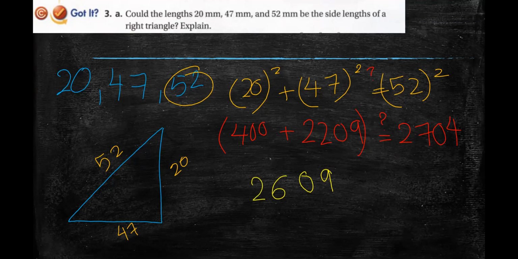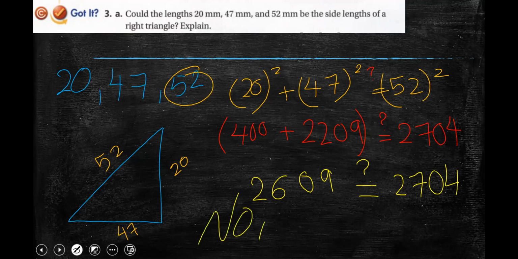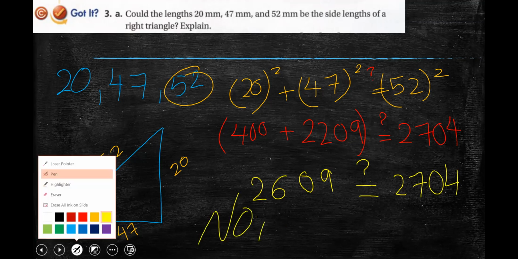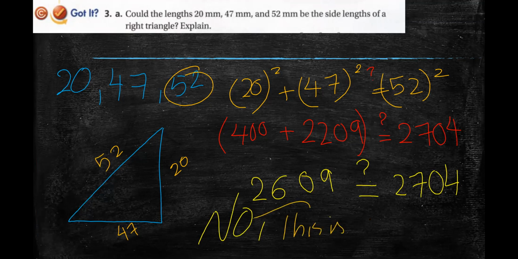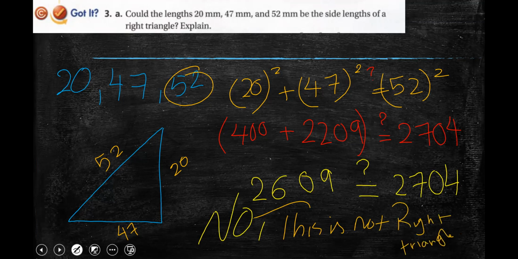So is 2609 equal to 2704? No. So this is not a right triangle. Is it clear? Yes.